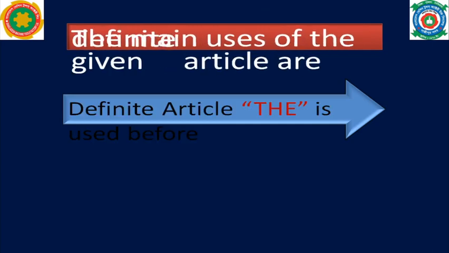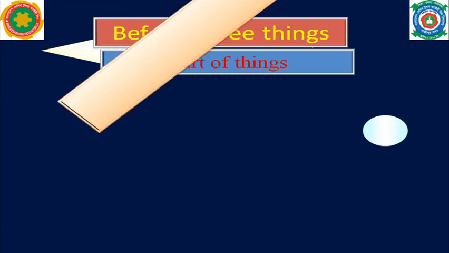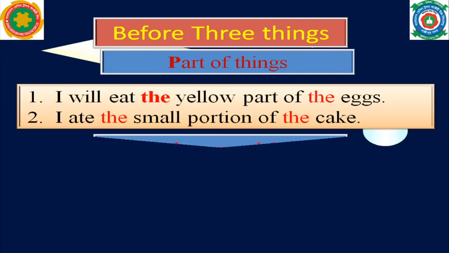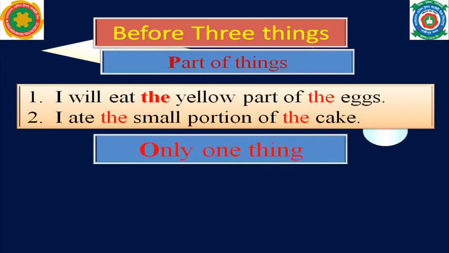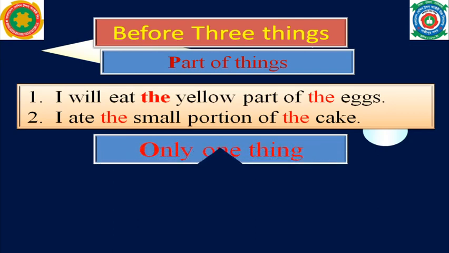So the main uses of the article, we will see the rules of articles, when we have to put which article, right? So before three things. At first, part of things. Let me give you an example. I will eat the yellow part of the egg.